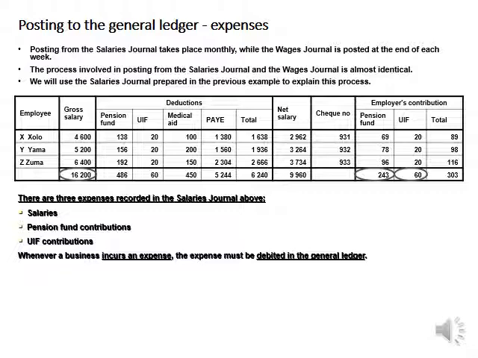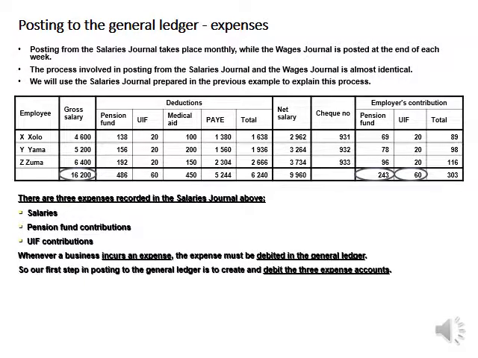Whenever a business incurs an expense, the expense must be debited in the general ledger. So the gross salary in the nominal section will be debited, the pension fund contribution will be debited, and the UIF contribution will be debited. So our first step in posting the general ledger is to create and debit the 3 expense accounts: salary, pension fund contribution, and UIF contribution.